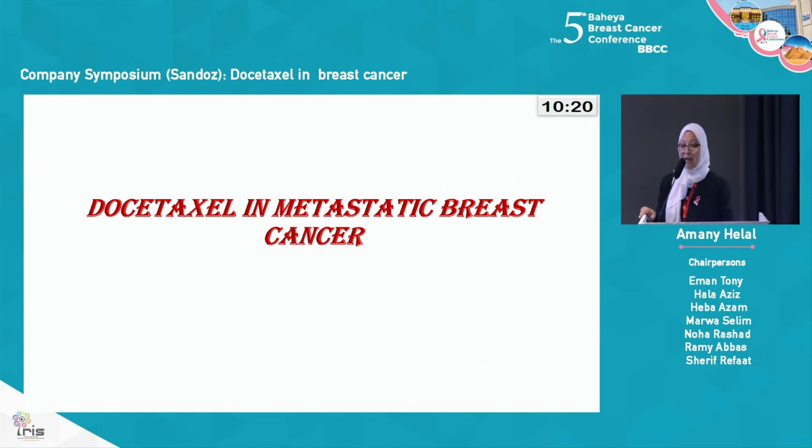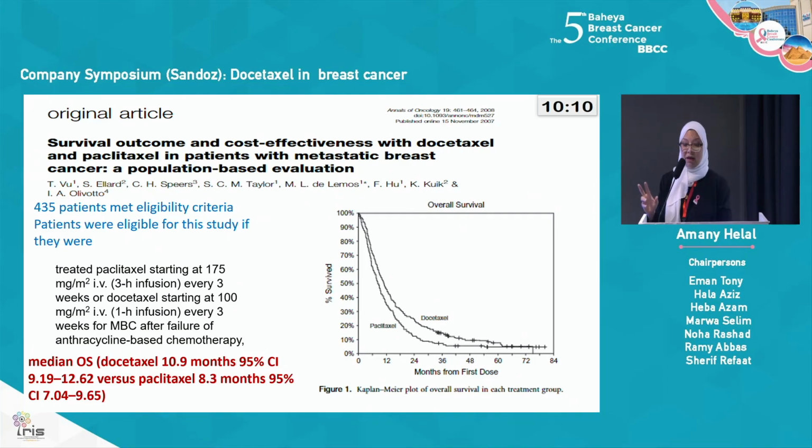Now, docetaxel in metastatic breast cancer, of course, I can't find all of the trials testing docetaxel in the treatment of metastatic breast cancer, so I chose 2 trials. This trial showing survival outcome and cost effectiveness with docetaxel and paclitaxel in patients with metastatic breast cancer.